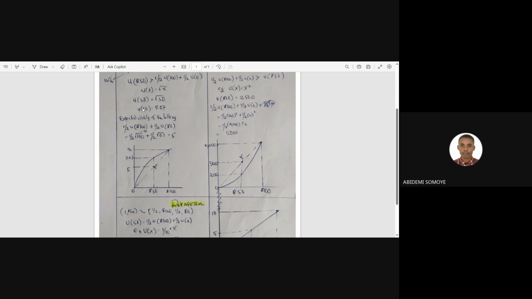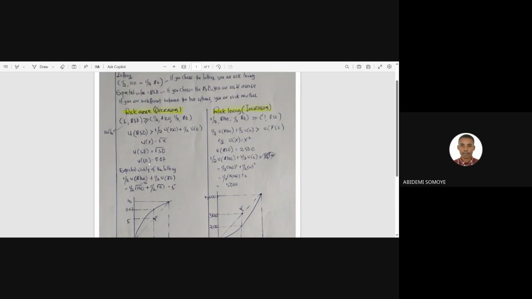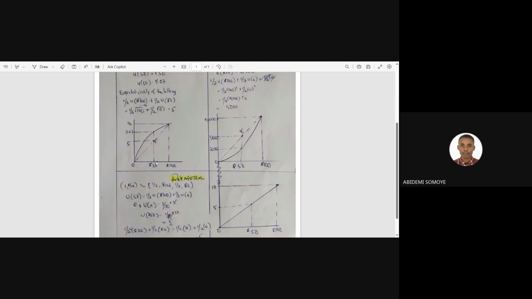So 7.07 is greater than 5, and what that tells you is this is risk averse, because a risk averse person will take $50 as opposed to playing the lottery. This is the graph, and in this graph you can also see that 7.07 is greater than 5.